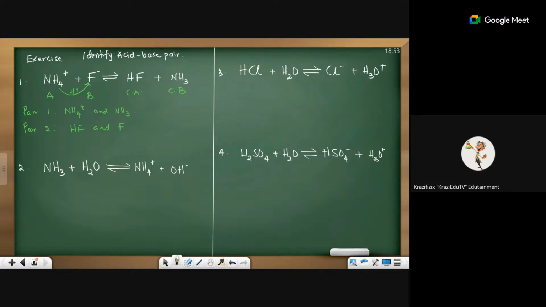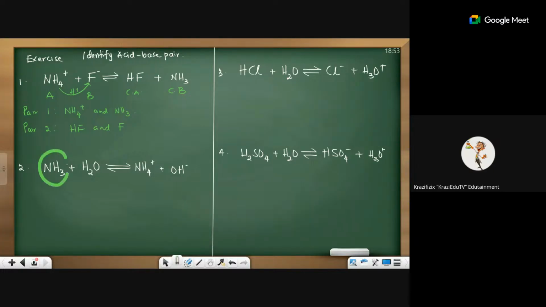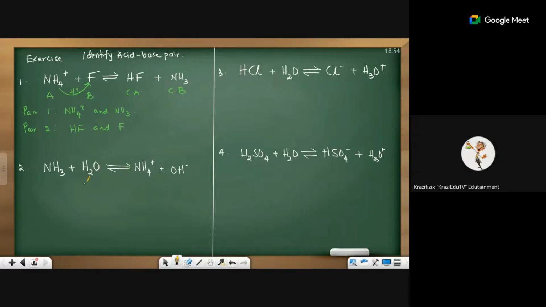Done. Look at the second one. If you make a quick comparison, NH3, NH4 plus, it has actually what? Accepted. Oh, so how is my proton being transferred? Like that. The one that accepts is a base, and it becomes a conjugate what? Acid.